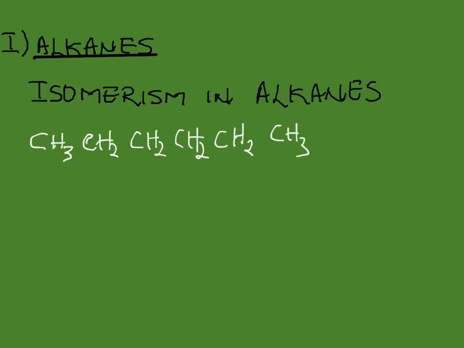This is a normal hexane, n-hexane, meaning it is a normal hexane structure. And this is the formula of hexane: C6H14. Is that okay? Now, let's look at the isomers that are going to result from hexane.